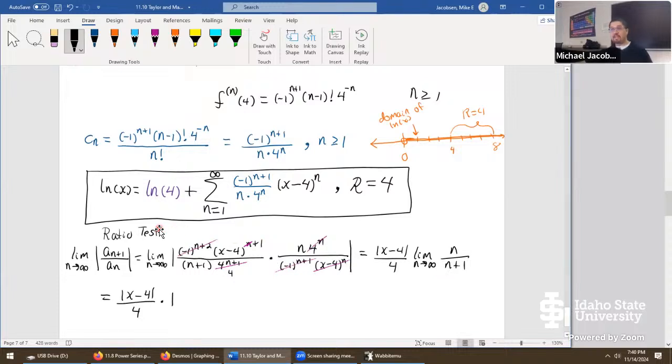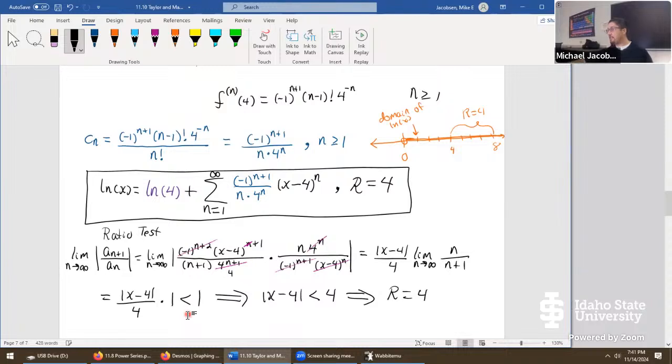Because we're using the ratio test and looking for where the power series converges, we put in this conclusion from the ratio test. We want this to be less than 1, so we have convergence. This would then imply the absolute value of x minus 4 is less than 4.